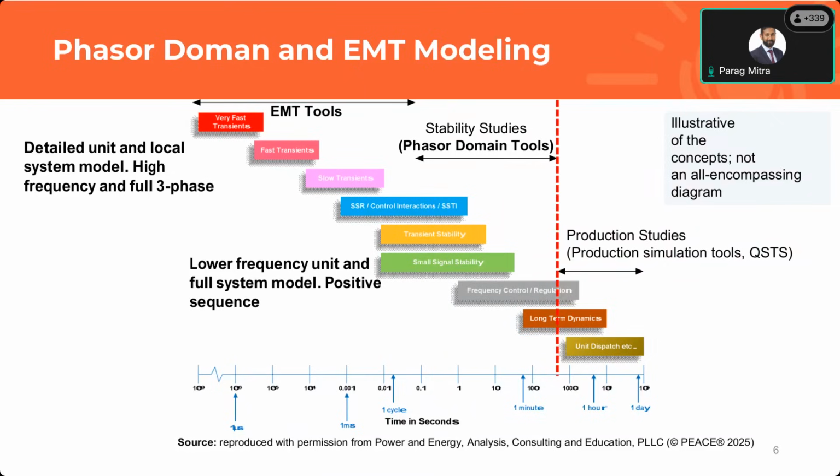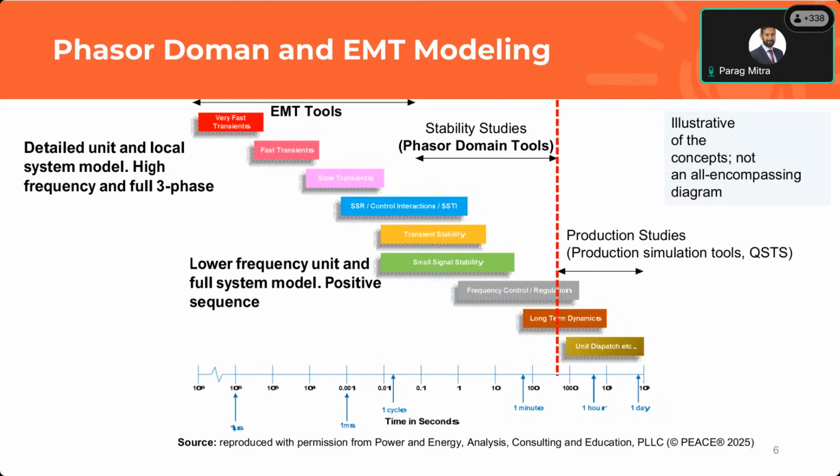Then you also have the EMT tools, and we have been talking more and more about these tools as we get into the space of inverter-dominated or converter-dominated devices, where there is quite a bit of fast dynamics that can have a lot of impact. Typically, fast dynamic impacts are much more local to the system. So a lot of these tools are now used for doing specialized studies, which generally affect the local power system.